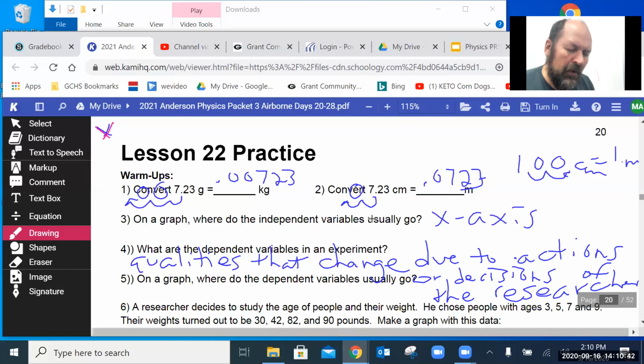On a graph, where do the dependent variables usually go? The y-axis.